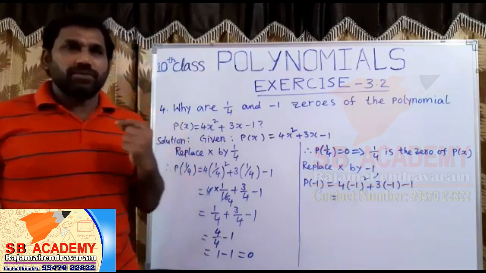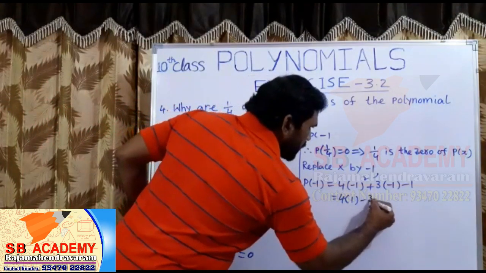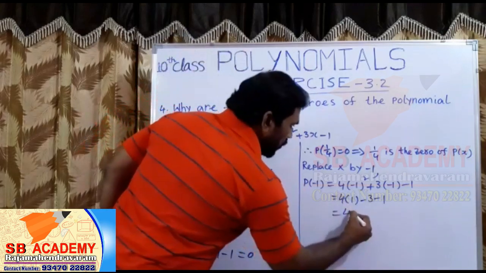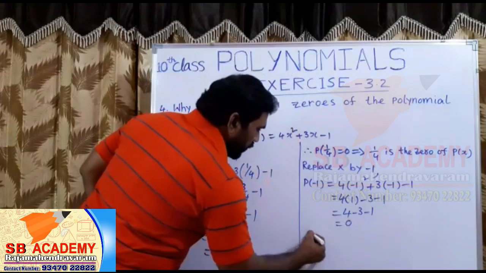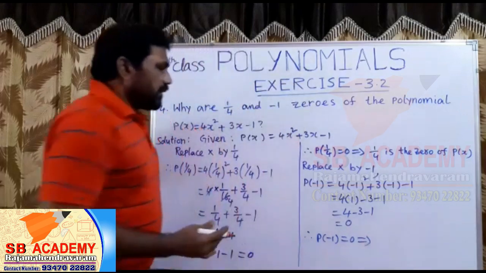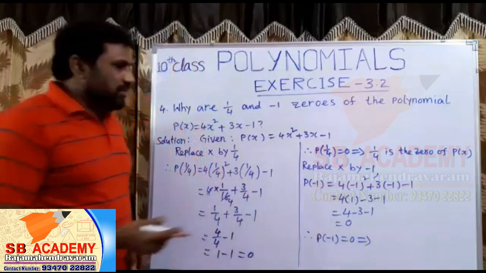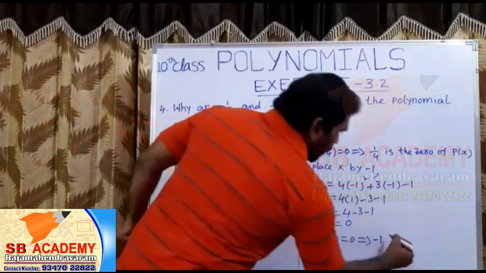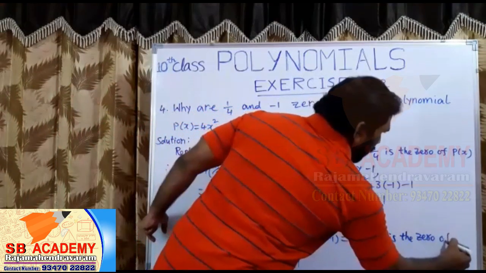So 4 into 1 plus 3 into minus 1 minus 1, right? 4 minus 3 minus 1, that is 0. Therefore, p of minus 1 equal to 0. So, here the value of the polynomial is 0. So, that's why the replaced value is the zero of p of x.